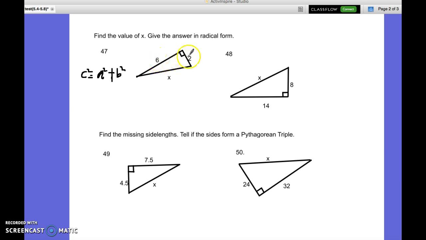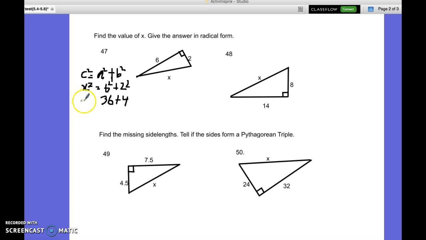Anyway, this is the a, this is the b, this is the c. So the x squared is going to be equal to 6 squared plus 2 squared, according to the Pythagorean theorem. 6 squared is 36. 2 squared is 4.